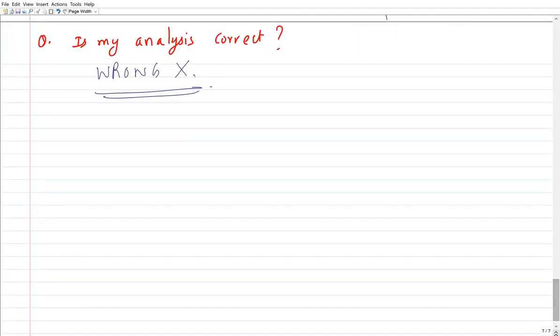What is observed is probability of A is 1. Welcome to quantum mechanics.